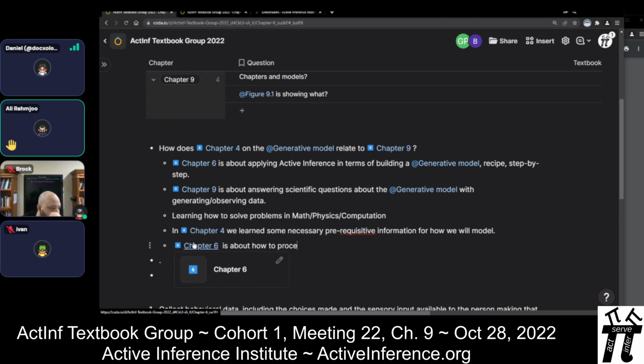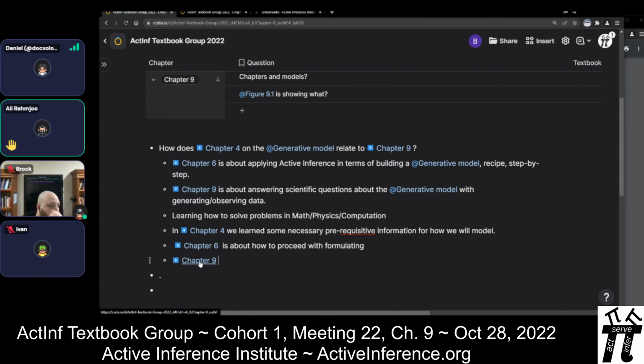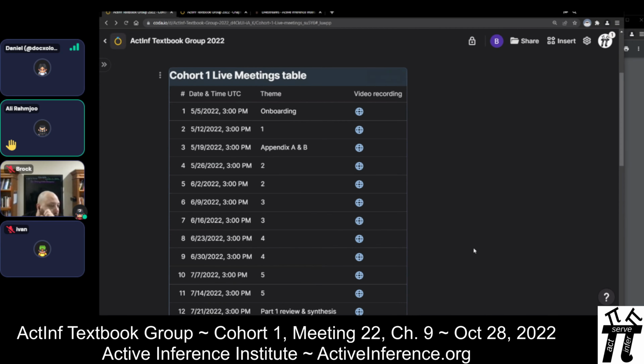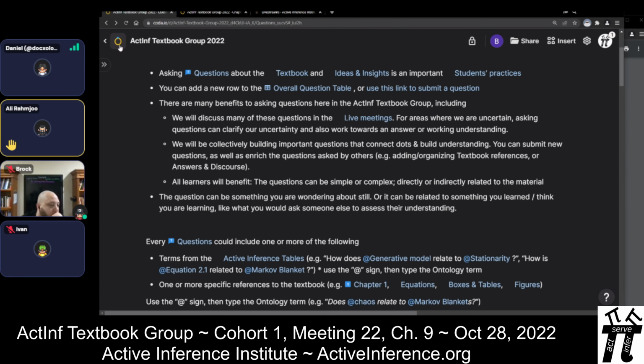And in Chapter 9, we get our hands dirty and try to solve some of the actual or empirical problems with the tools or techniques we had learned in Chapters 4 and 6.